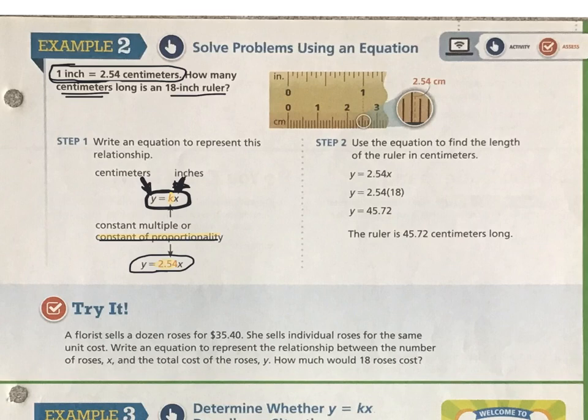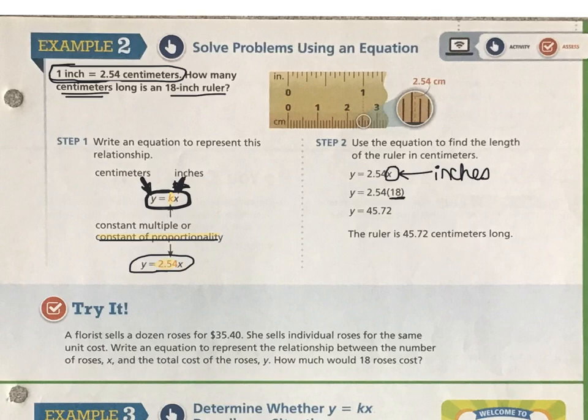Okay, so when we substitute into the equation to figure out how many centimeters long the ruler is, we replace the x number, which is my inches, with 18 because the ruler is 18 inches.